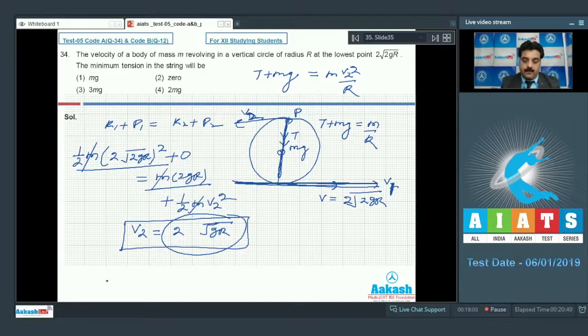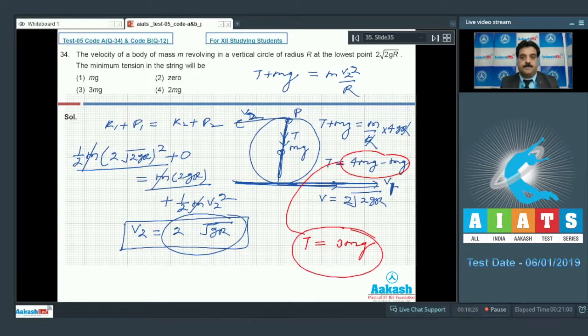So when you put the value here, 4gr, r will cancel. I had T equal to 4mg minus mg, so that will finally give you the tension as 3mg. So that is how you can deal with this question.